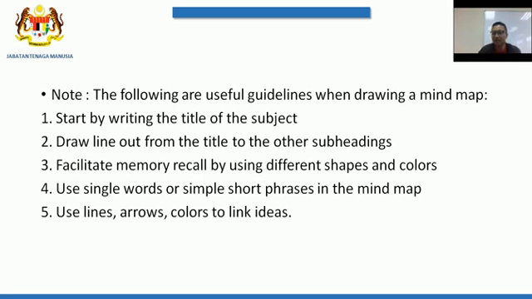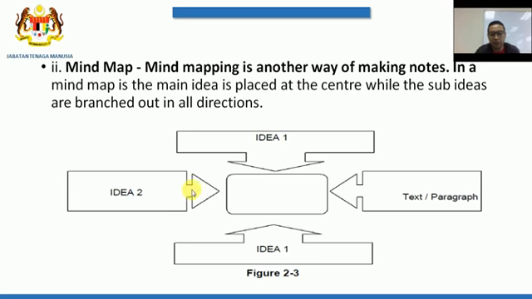Okay, whenever there are simpler and fewer words that you need to read, it is easier for you to memorize more and understand more, and it is much more useful when you want to make a revision for whatever topic previously, in order for you to sit for your exam or test, right? Use lines, arrows, colors to link ideas. Okay, as you can see here, we use arrows to link ideas at the center, right?